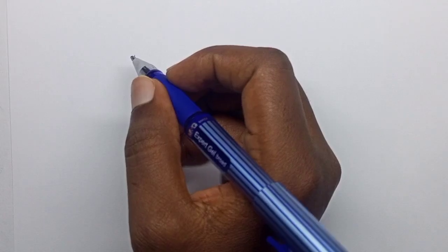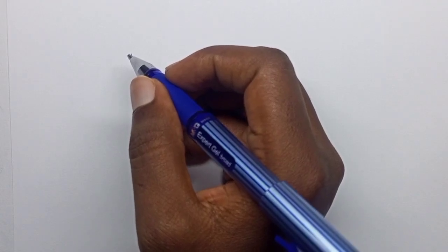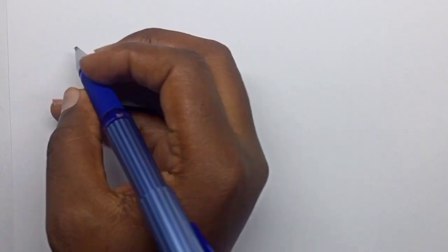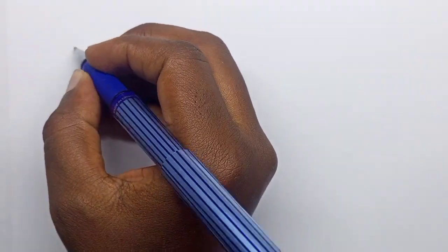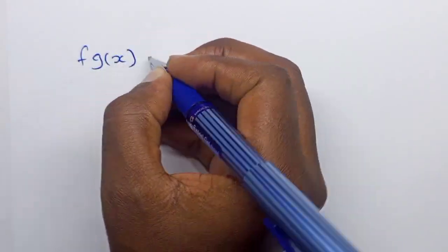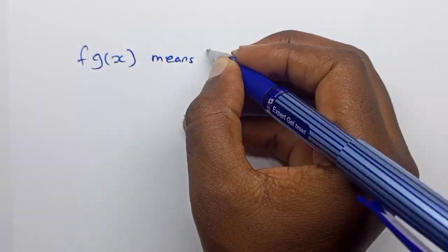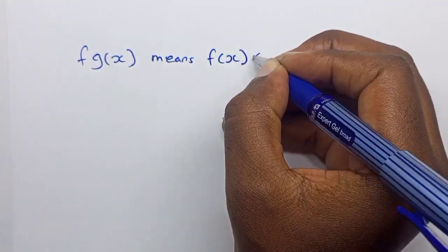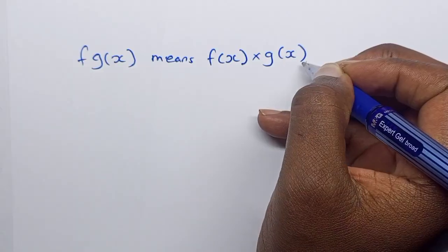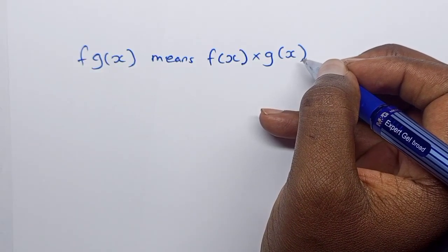Now let's look at some of the common misconceptions when dealing with composite functions. One of the mistakes is students tend to think that f of g of x means f of x times g of x. This is completely wrong.